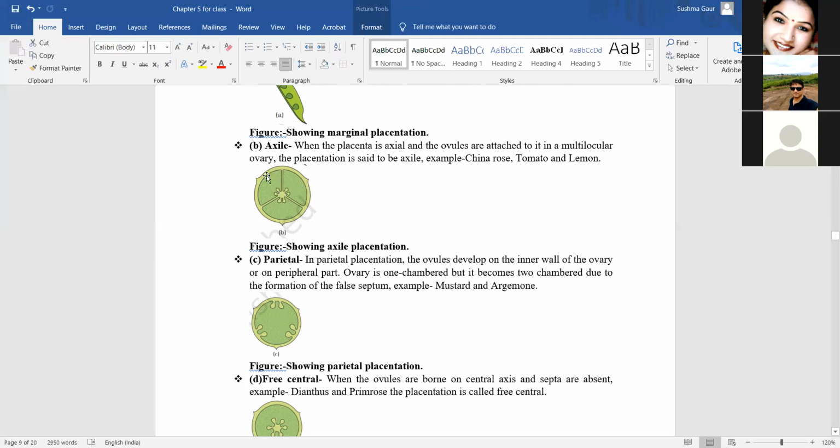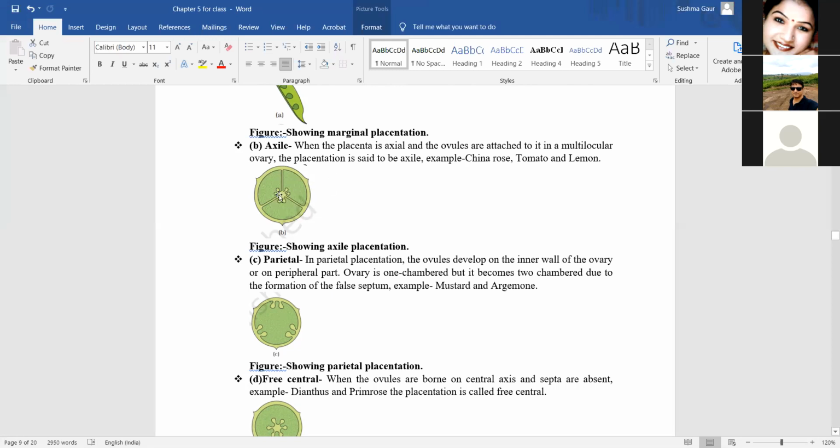This is a trilocular ovary. Trilocular means 1, 2, 3 locules. Within the ovary, many chambers may be present. These chambers are known as locules, and the ovules will be present within the locules.